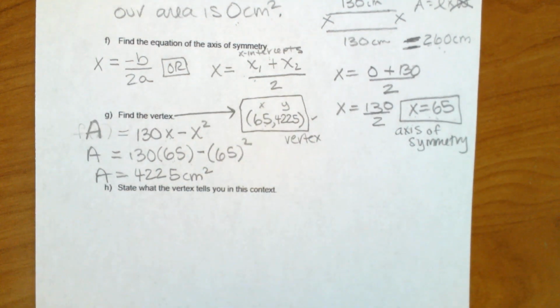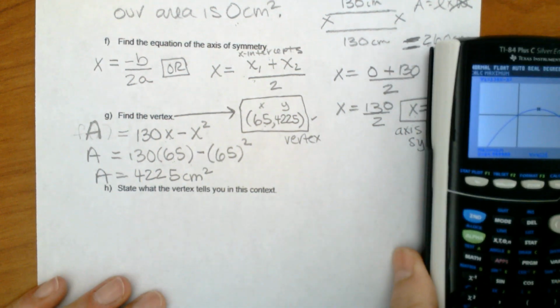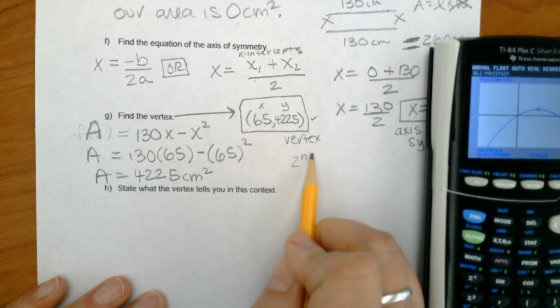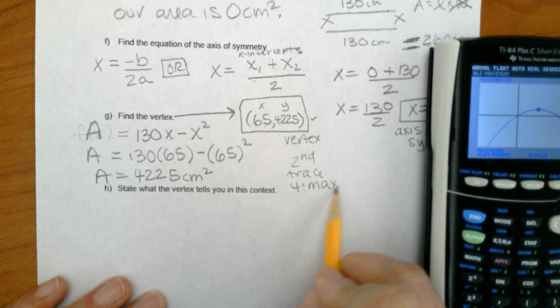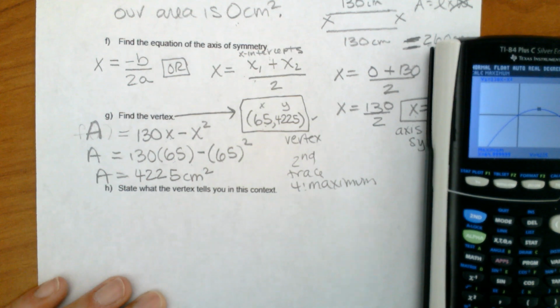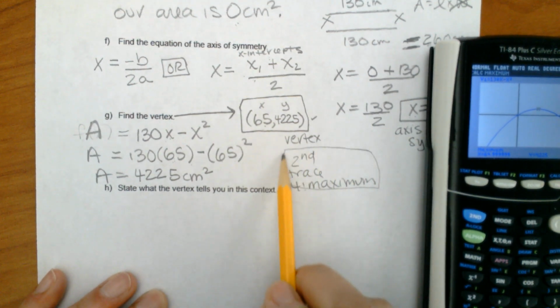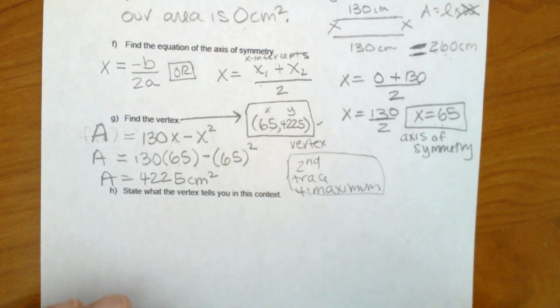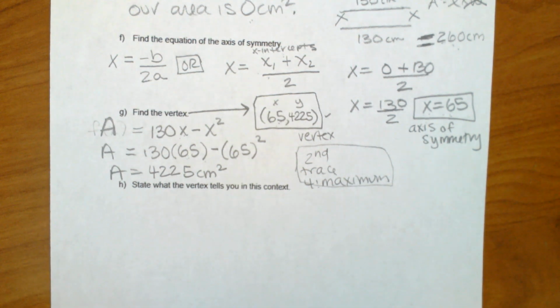That is great. So I have a way of doing it by hand, and I have a way of doing it with a calculator, and that was just pressing that second trace and doing number 4, which was maximum. And I hope you notice that there is a minimum too, so we'll be using that in part 2 of the video.